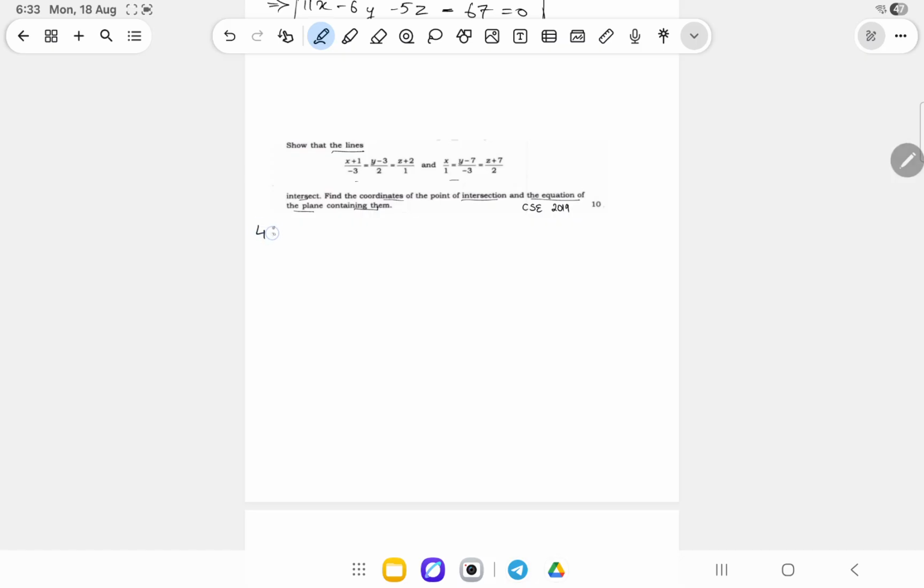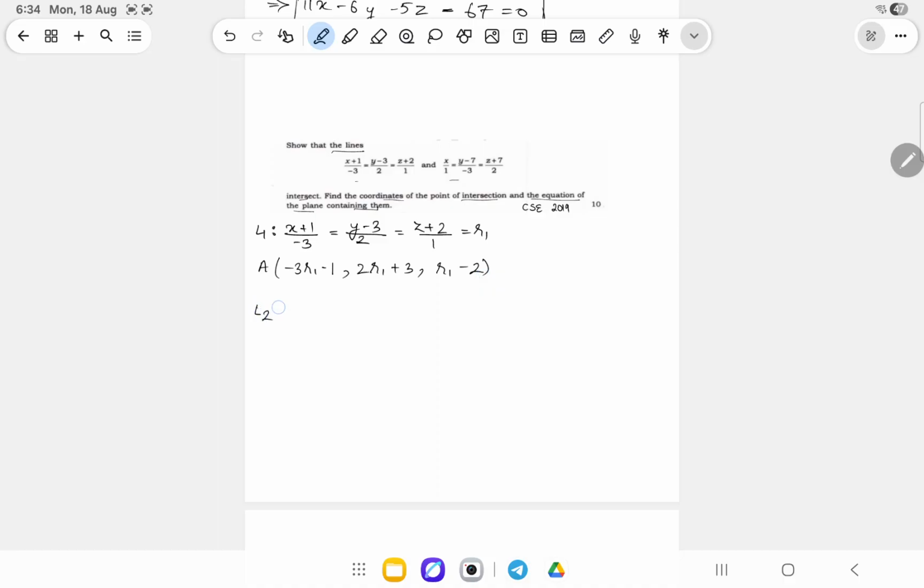So my equation L1 is (x plus 1)/minus 3 equals (y minus 3)/2 equals (z plus 2)/1 equals r1. So any arbitrary point on line L1, let it be A, will be minus 3r1 minus 1, 2r1 plus 3, r1 minus 2.